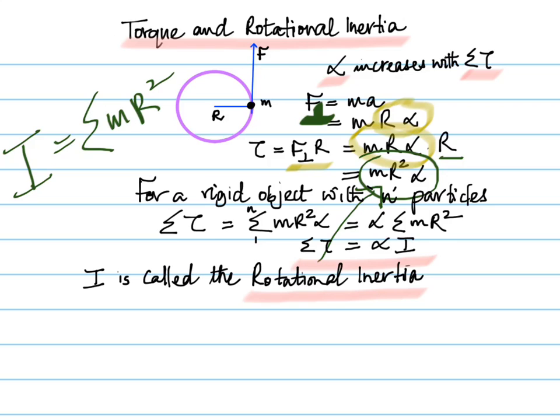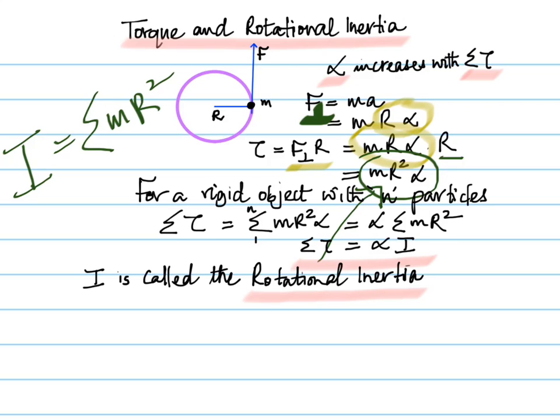What am I trying to say? I'm trying to say that the rotational inertia depends on three quantities. Number one, it depends on the total mass of the object, doesn't it? Sure. Number two, it depends on the position and the inclination of the axis too. This is not the same as this.